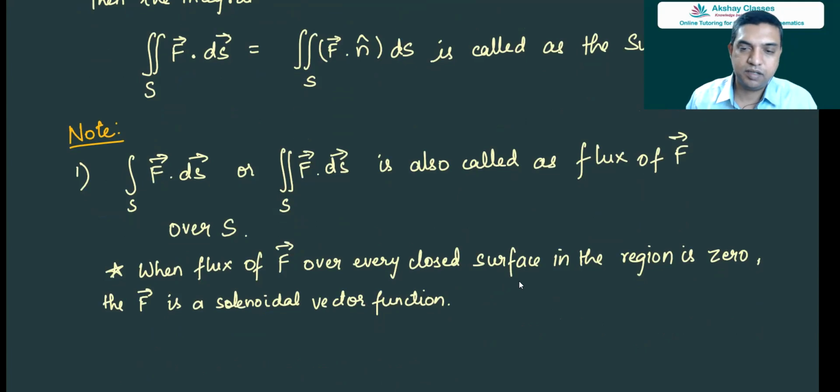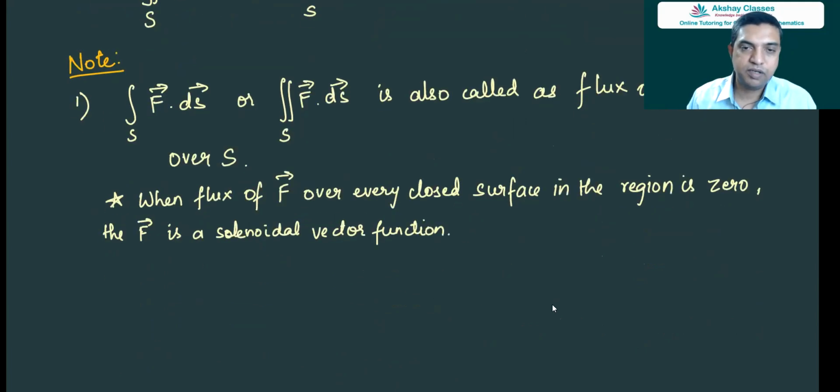F dot ds over the entire surface is 0. Then it's a solenoidal function, and across any point you see, it is a conservative field. For divergence, we call this a solenoidal function.